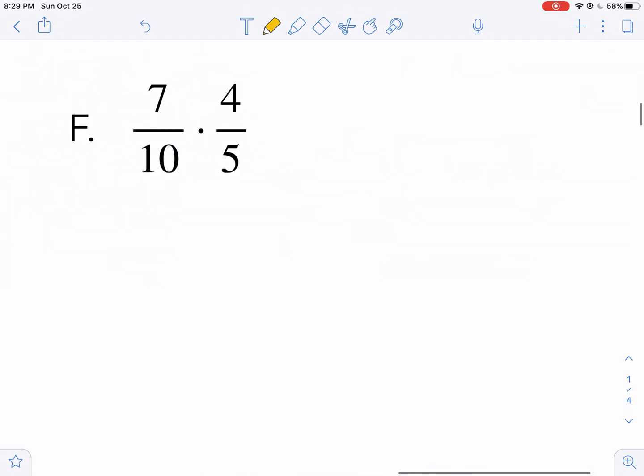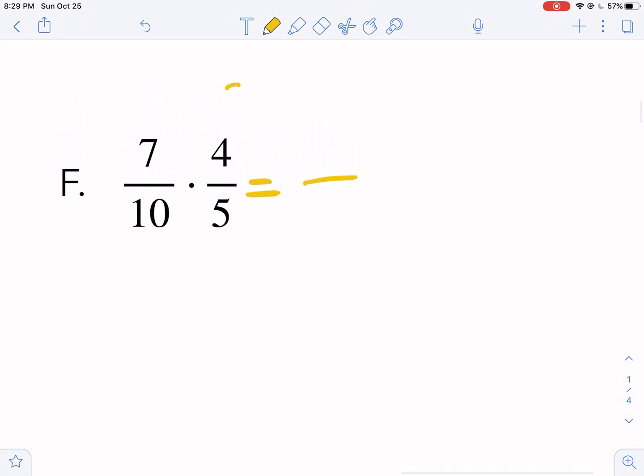And finally with F, we don't have a common denominator, but that's okay, because look at what we're doing. We're multiplying. Awesome. So we could multiply straight across, giving us 28 over 50, and then we would have to reduce that. But because we like to be efficient with our time, remember 4? 4 is equal to 2 times 2. And remember 10, that's equal to 2 times 5.